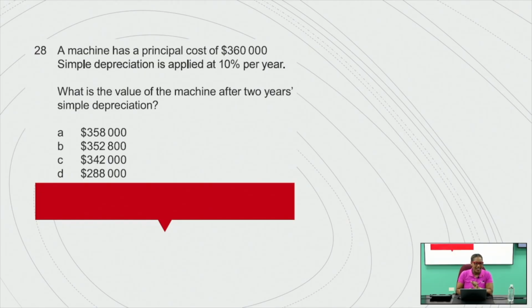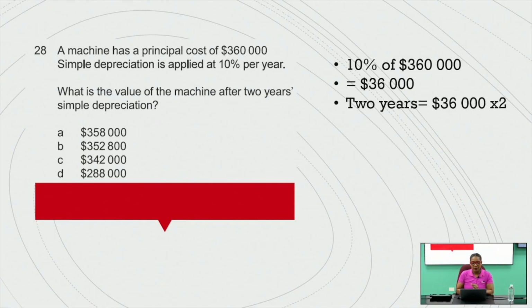All right, so we are here, and it says, what is the value of a machine after 2 years? Simple depreciation. We want to find out what is 10% of 360,000. And it's really $10 off every 100. So we are here, and it's $36,000. That's 10%. How many years I said? 2 years. So what are we going to do?